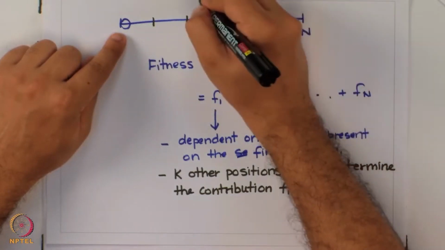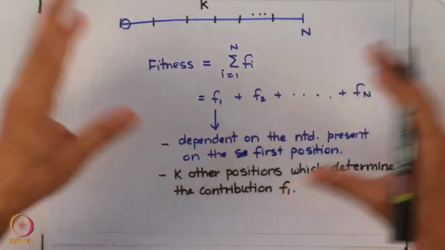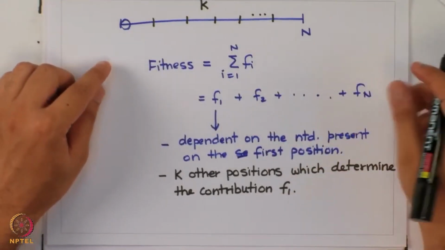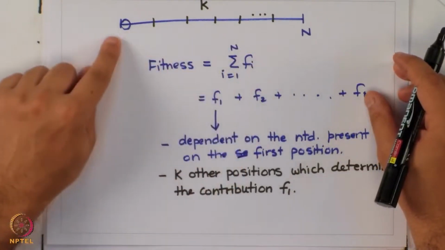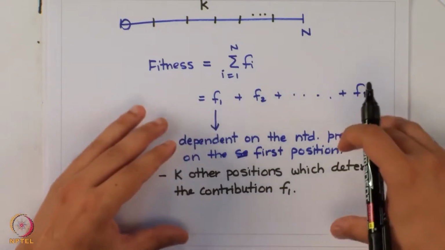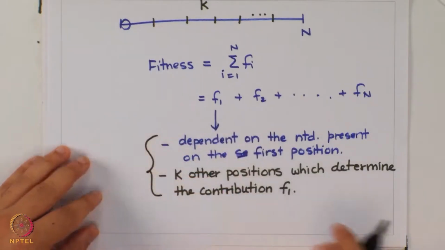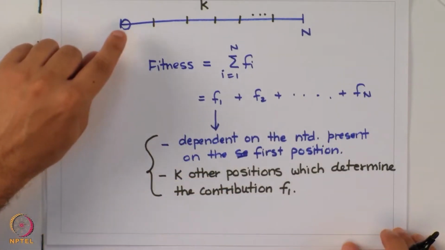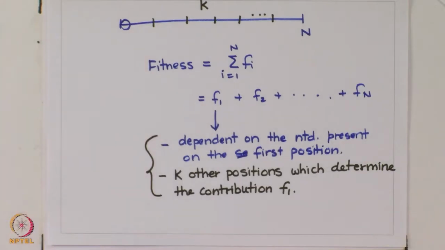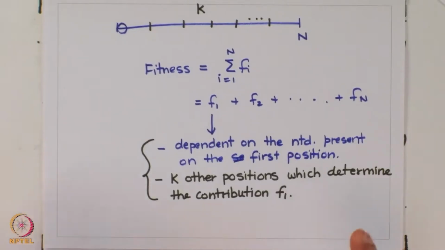So, these are K other nucleotides, and these could be located anywhere on the piece of DNA that we are talking about. Together, these K plus the nucleotide whose contribution we are talking about here, all these put together determine what is going to be the quantity F1. So, the relative contribution of the first nucleotide is not just dependent on which nucleotide is present on the first position, but also dependent on these K other nucleotides which are present elsewhere on the chromosome or the string of DNA that you are talking about.